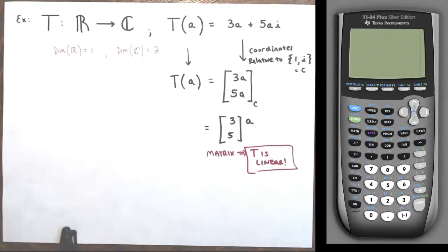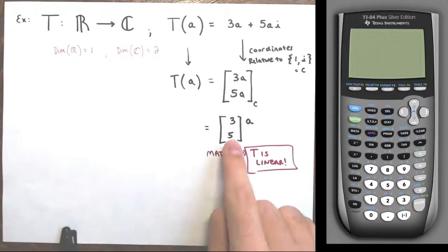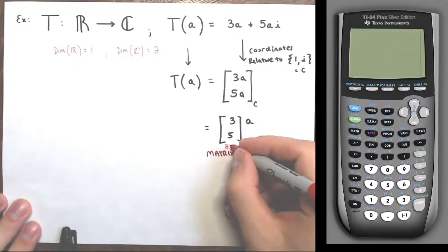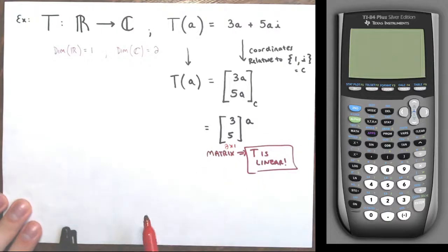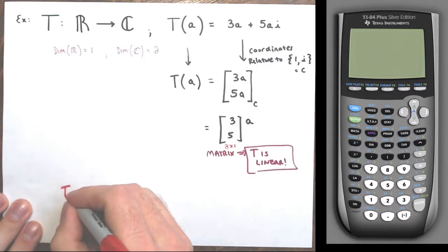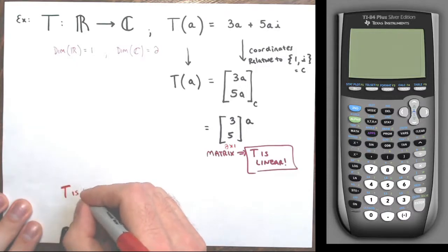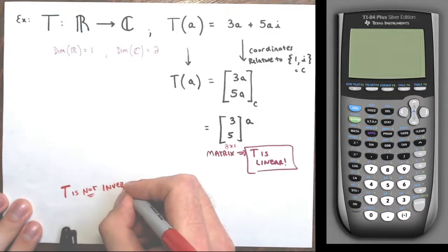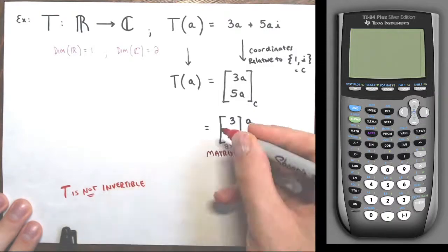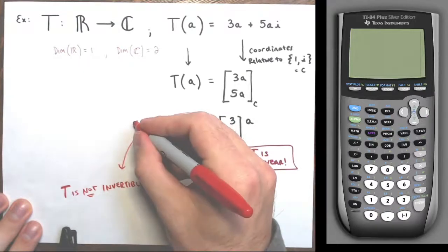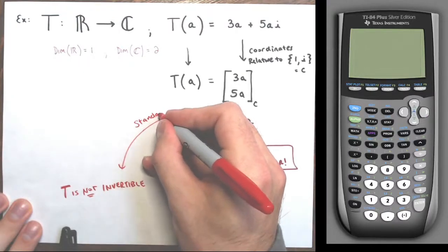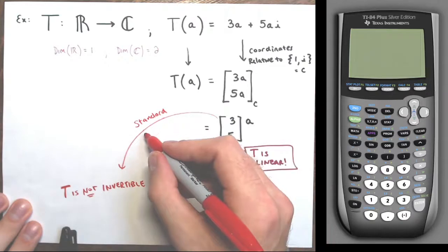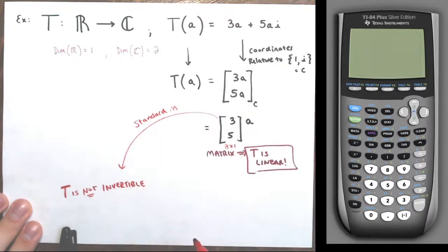But then if you take this, it's not a square matrix. This is a 2 by 1 matrix, 2 rows, 1 column. So it doesn't have an inverse. So right away I'm saying T is again not invertible, because the standard matrix isn't square. So it definitely can't be invertible. Now, if it was square, that doesn't mean it is.